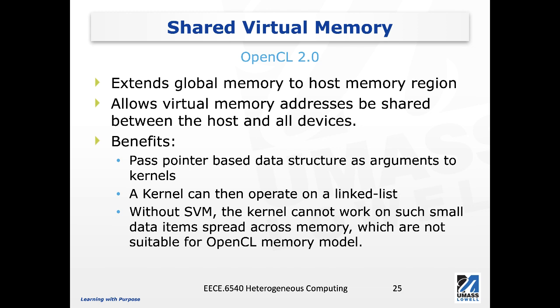Without shared virtual memory, the kernel cannot work on such a linked list spread across the memory, because in that case, the pointers given to the kernel are invalid for the kernel to access, because the pointers are addresses in the host memory space. With shared virtual memory, the kernels can use these pointers of the host memory space to find the right data.